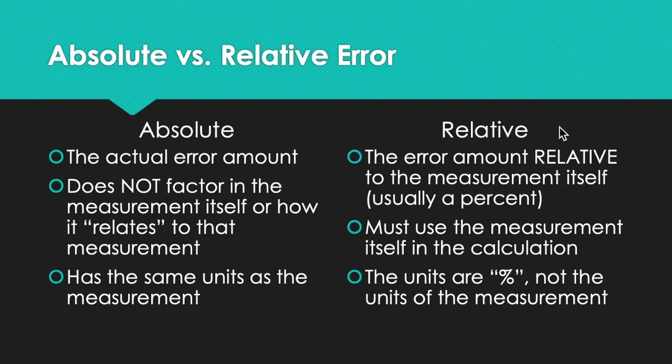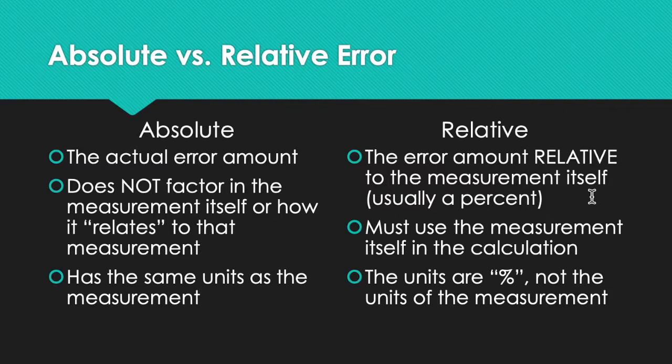Relative, you can't figure out the relative error that a tape measure gives until you actually measure something, because that error of 0.1 centimeters, maybe the tape measure always has that error, but it's going to be a different relative amount when you measure something large versus when you measure something small. So that 0.1 centimeter error has to be expressed relative to the measurement itself.